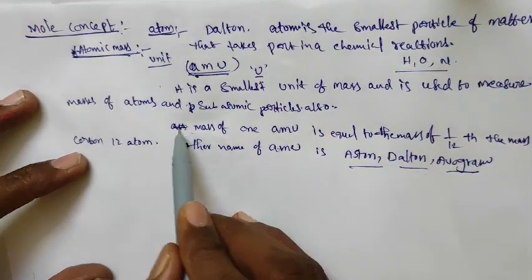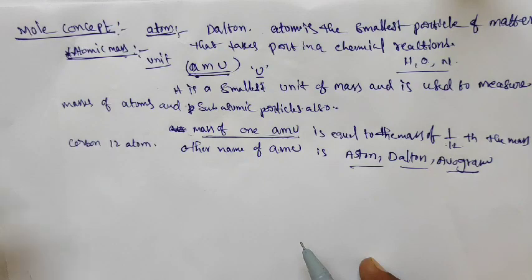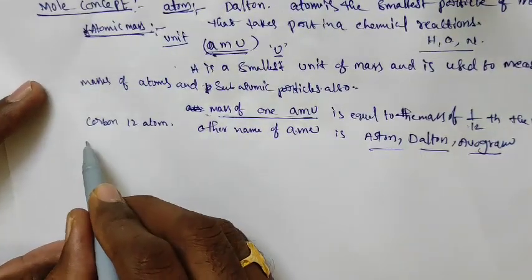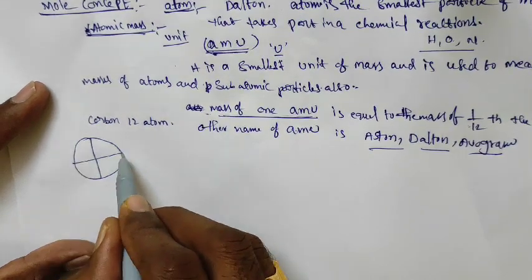One AMU is equal to how much? The mass of 1 AMU is equal to 1/12th part of the carbon isotopic atom. I will explain like this.